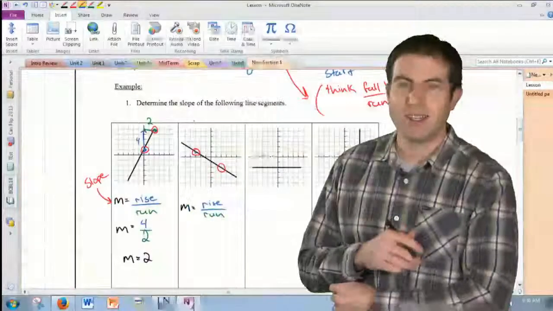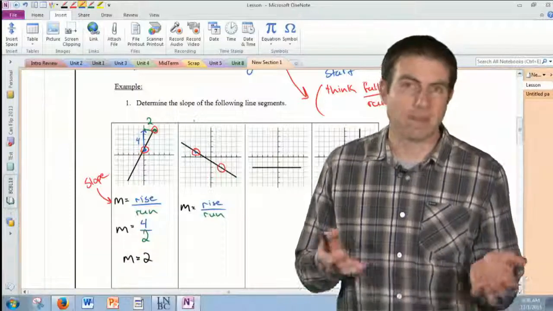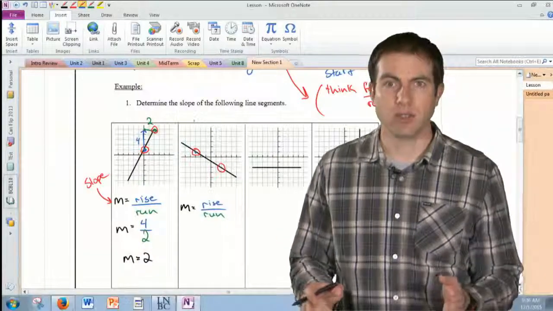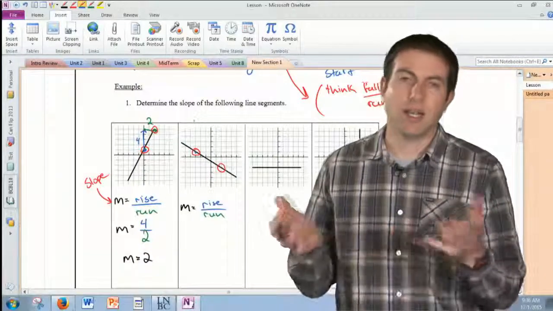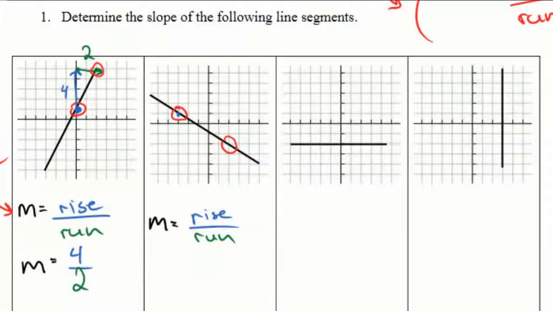Now, I'll always say slope is rise over run, but if we have a negative slope, you're going to have to be able to recognize that. Even though it's fall over run, I'll always say rise over run. So we're going to go down. We have to go from here down to there to get to where that second point is. So that looks like I went down 3 or negative 3.